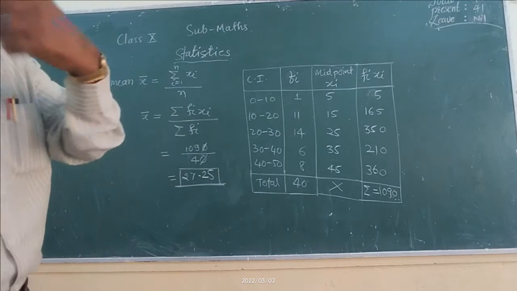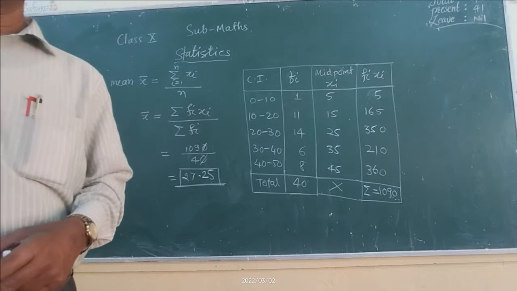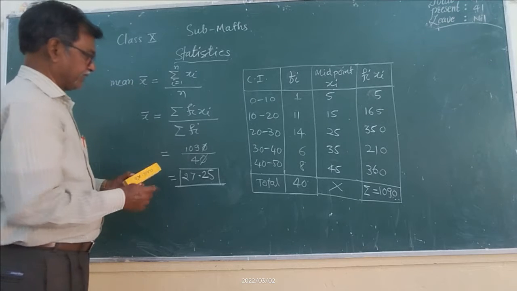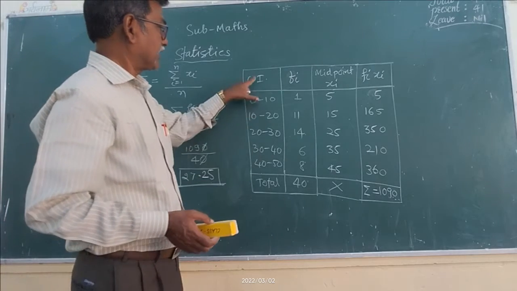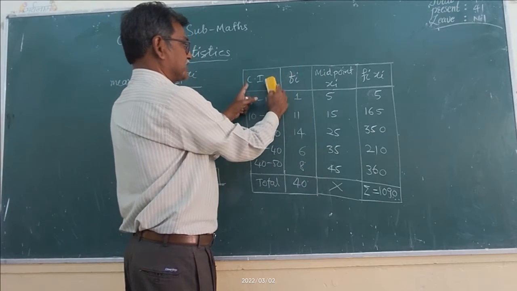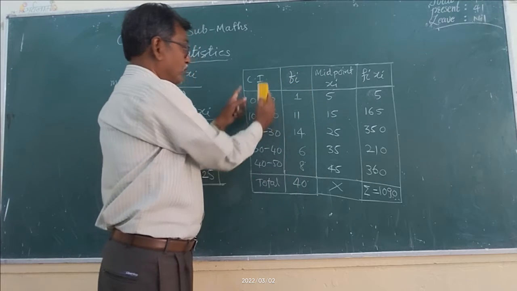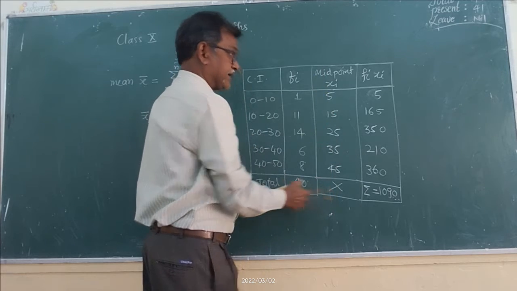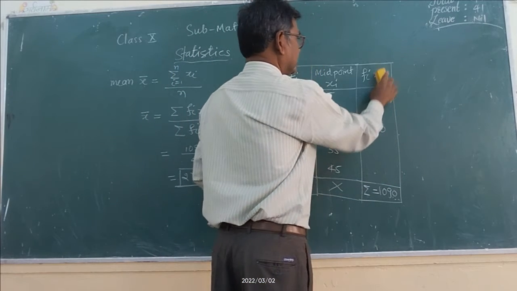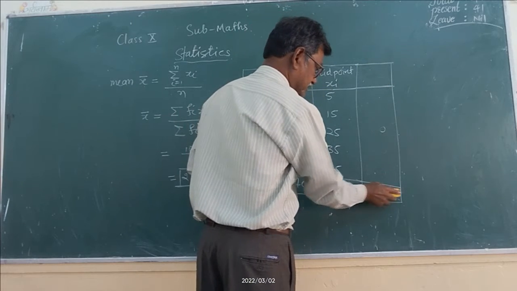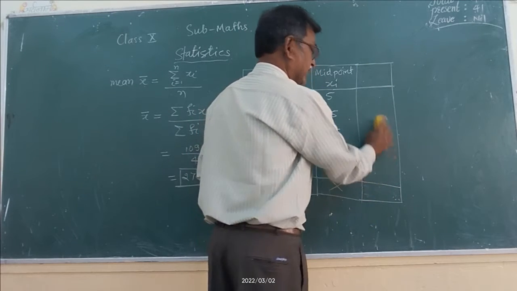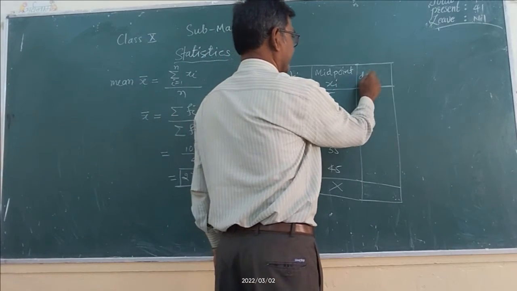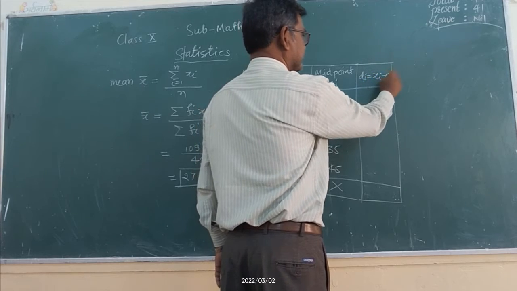Then there is the third method. That method is called the assumed mean method. In that method, only the class interval and frequency are given. We have to make a third column of midpoint. Then here we have to write the deviation, that is di. di is equal to xi minus a.